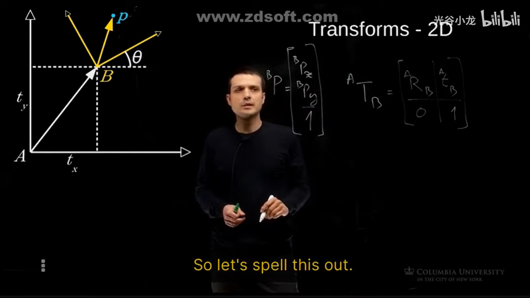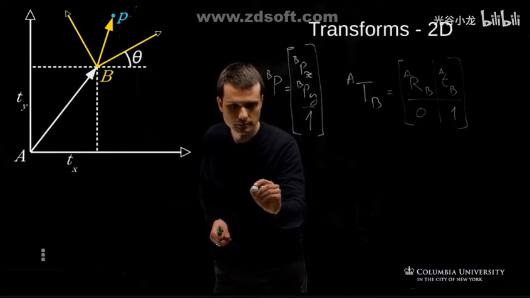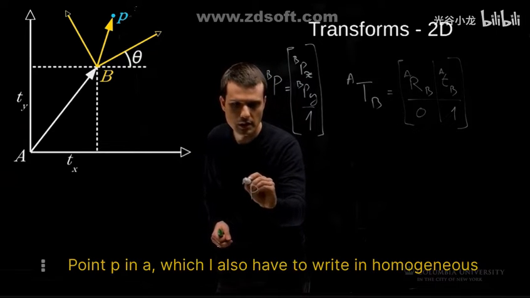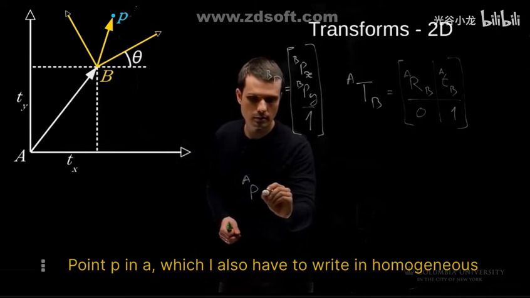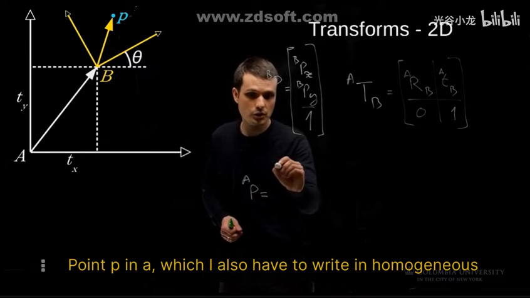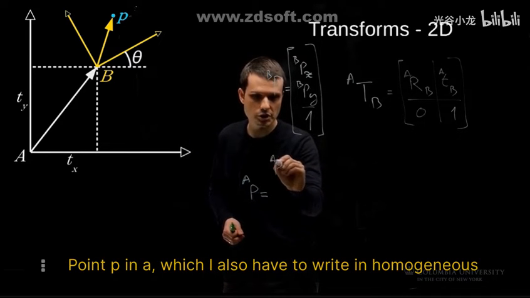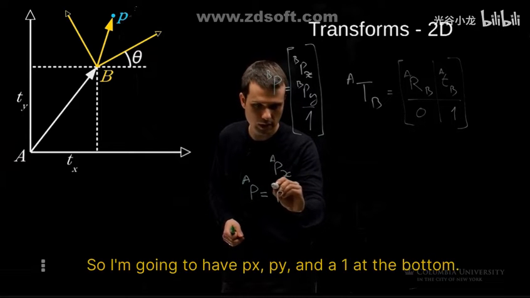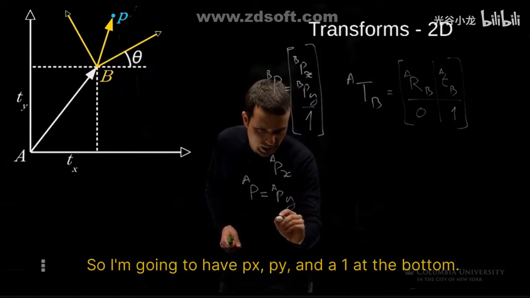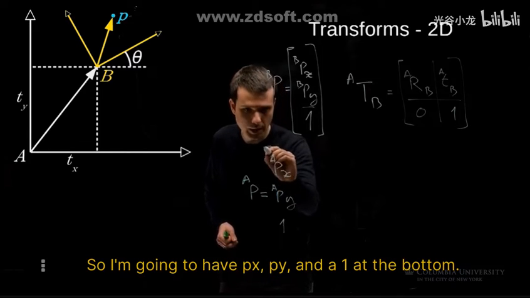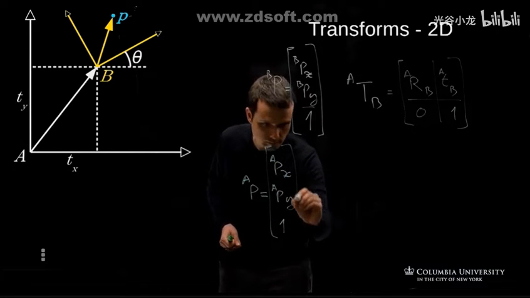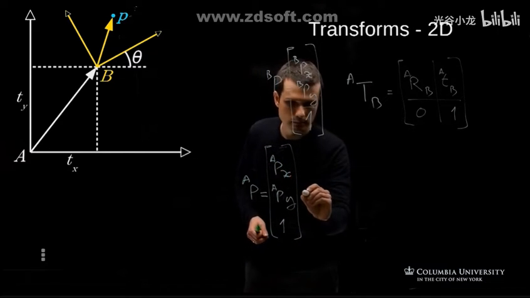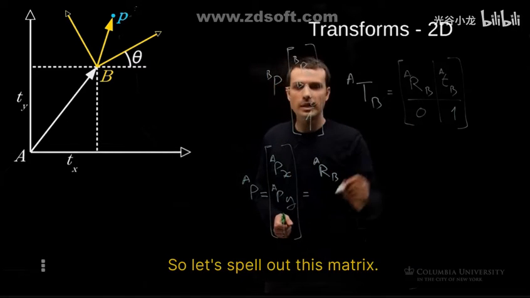So let's spell this out. Point P in A, which I also have to write in homogeneous coordinates. So I'm going to have Px, Py, and a 1 at the bottom. So let's spell out this matrix.